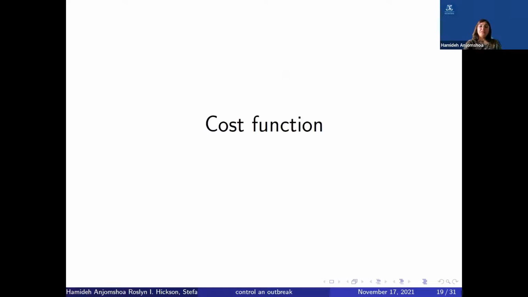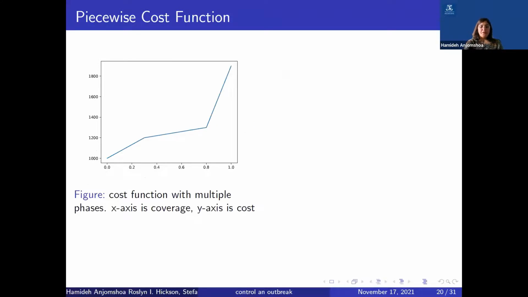So now let's go to the cost functions. Why is it nonlinear? The cost function in reality may look like this. So what does it mean? The x is the proportion of the population that we want to cover, between 0 and 1. The horizontal axis is that proportion, and the vertical axis shows the cost associated with it.